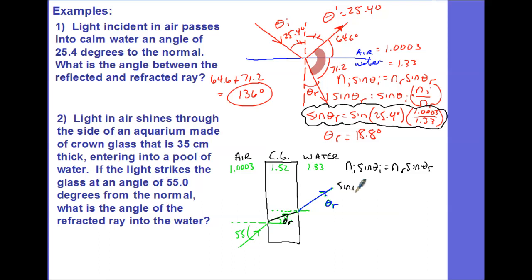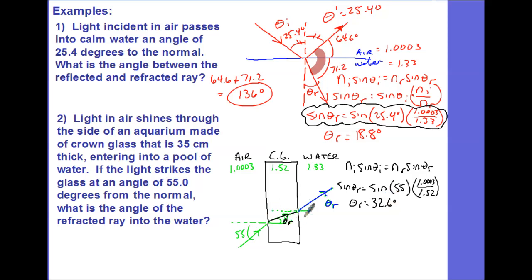So the sine of theta r would be equal to the sine of the incident angle, that's 55 degrees, multiplied by the ratio of those indices. Well, in this case, my incident index of refraction is 1.0003. My refracted is 1.52. And I get for that angle, for theta r, it looks like about 32.6 degrees. Okay, so that would be this angle.